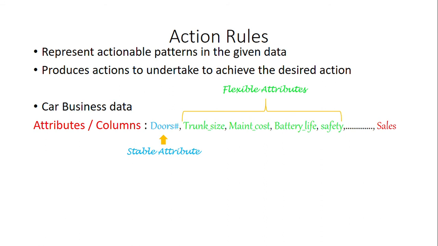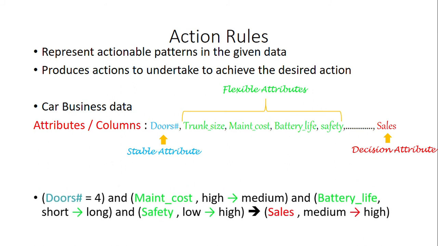So the other attributes form flexible attributes. That means that the values in those attributes can form an action. And finally, instead of a class attribute, in action rules it forms a decision attribute. So this is one example of an action rule that I made for this demo.